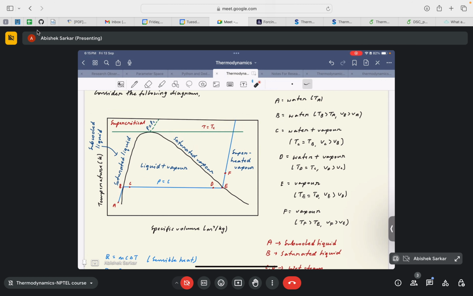So beyond this point, if we continue heating, we will see no change in temperature. Can you say why? You can comment in the comment box why there is no change in temperature. We see that from point A to B there is a change in temperature, and we specifically call this sensible heating.